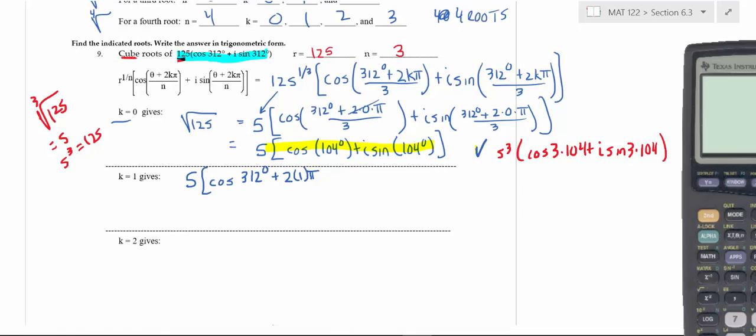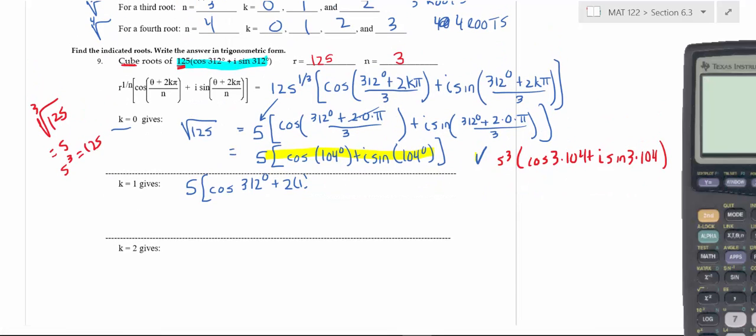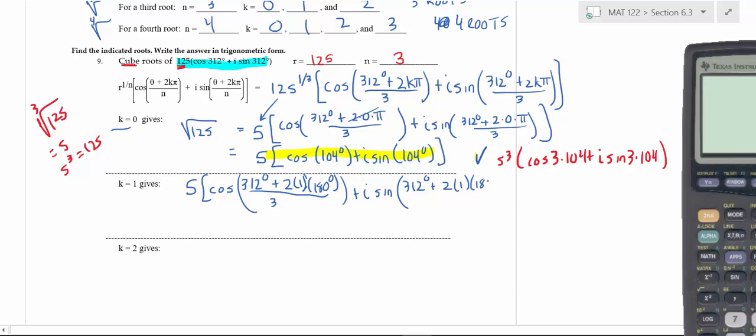So you can just write this like this if you want to, since we're talking about the complex number. So we can say 2 times 1 times 180 degrees all over 3, like that. Then plus I sine 312 degrees plus 2 times 1 times 180 all over 3.